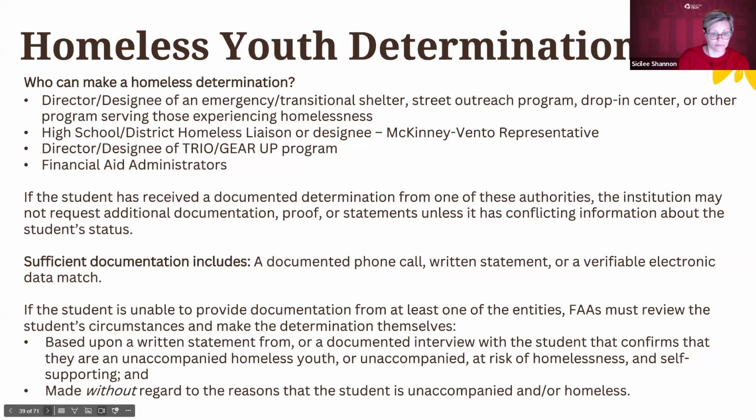This is based upon written statements from or documented interviews with the students that confirm they're homeless or at risk of being homeless or self-supporting, and made without regard to the reasons that the student is unaccompanied or homeless.